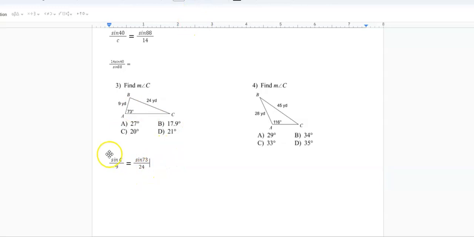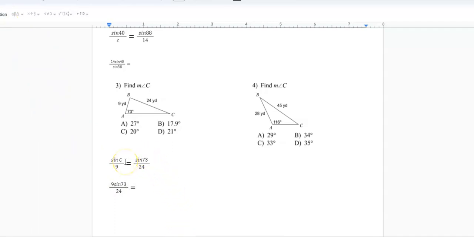For this, you would also cross multiply, but there's one more step after that. You cross multiply 9 times sine 73, so you get 9 sine 73, and then you divide by 24. That gives you something in decimals.